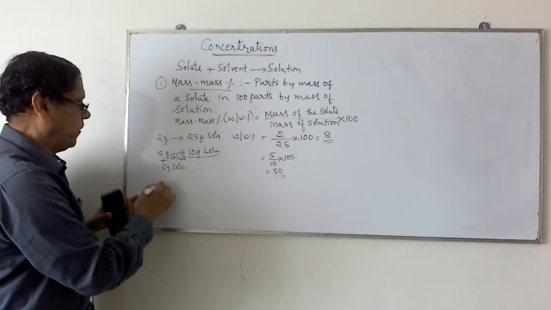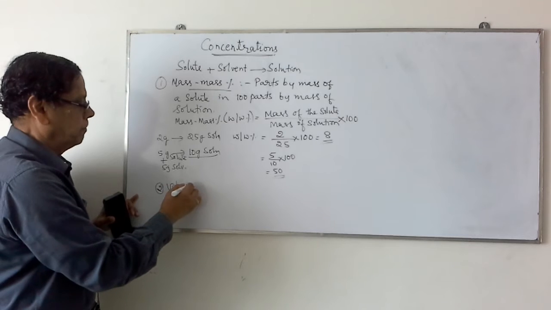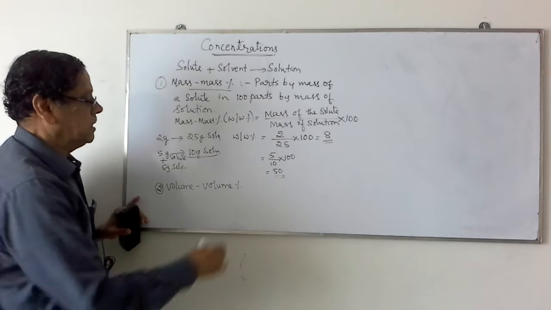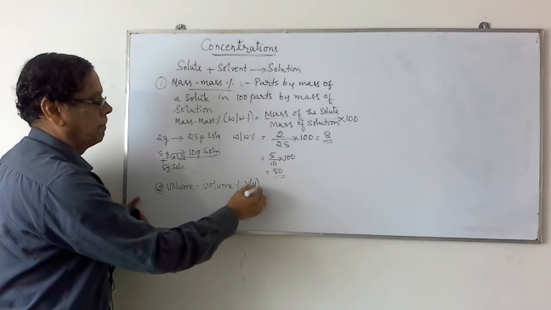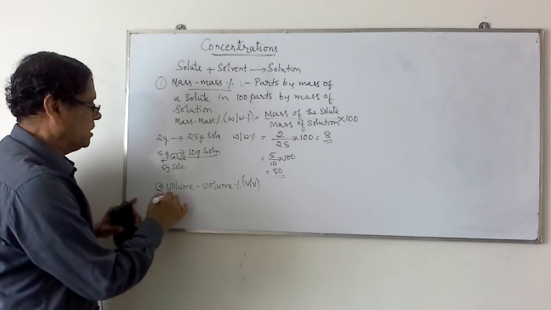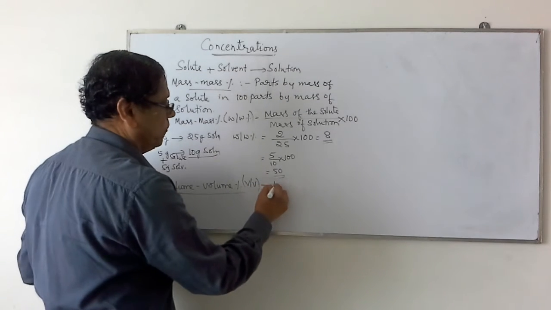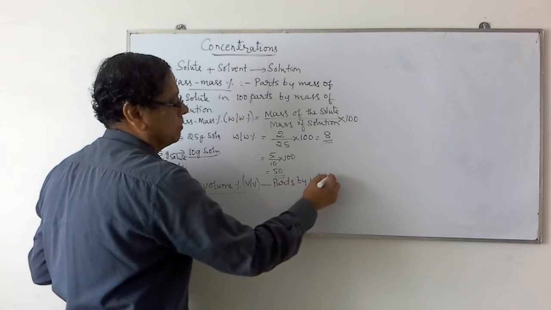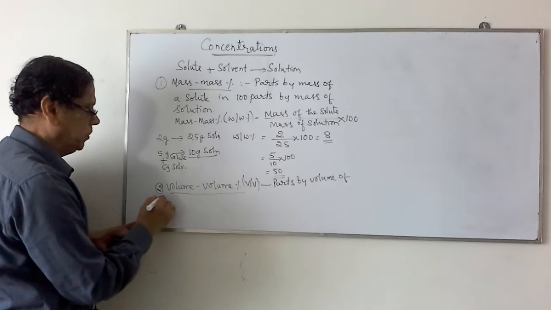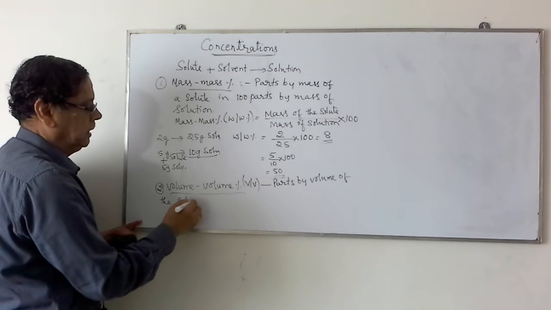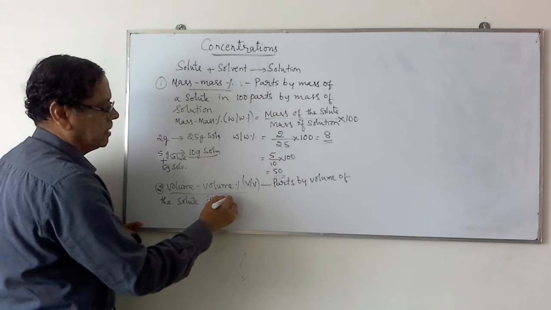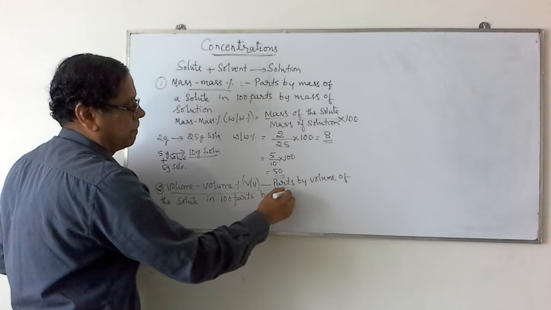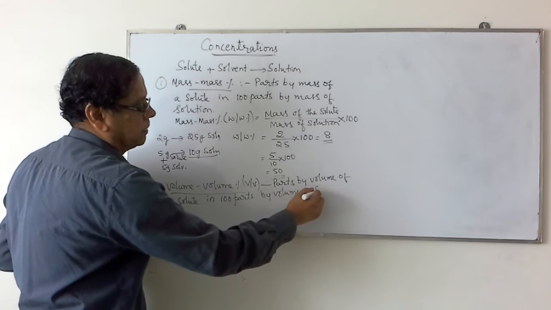In a similar way, we can define volume percent. Volume percent is written as V by V percent. This is defined as parts by volume of the solute in 100 parts by volume of solution.